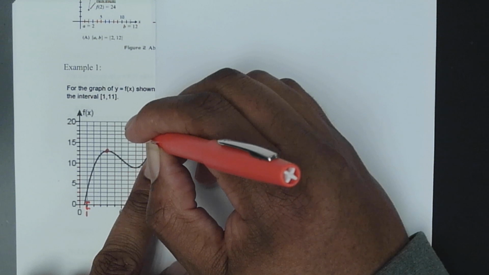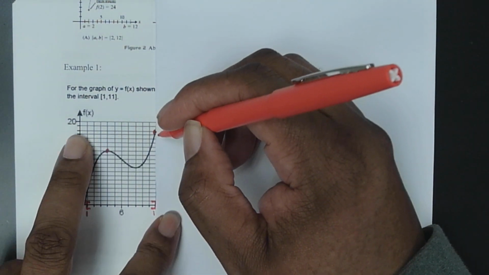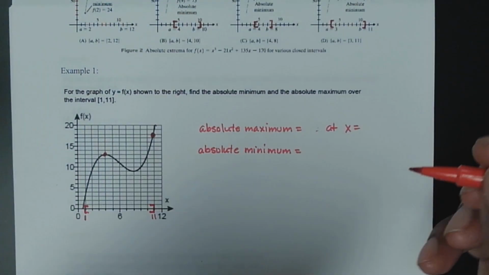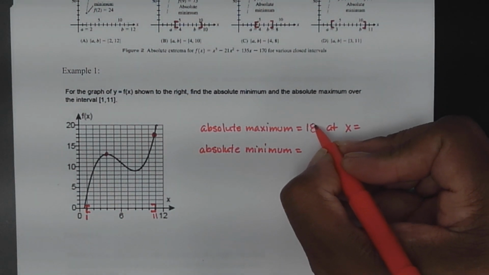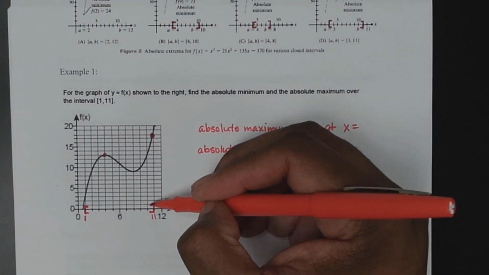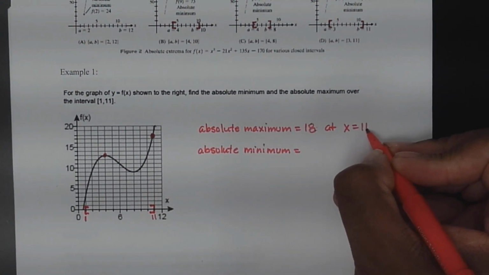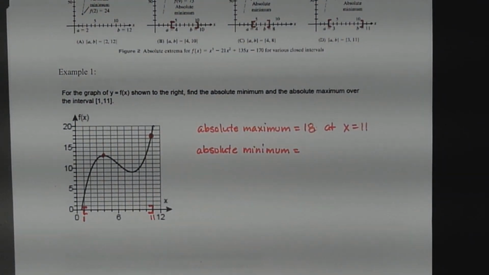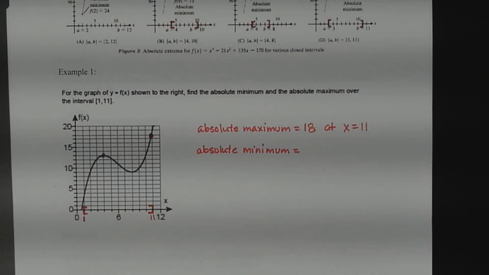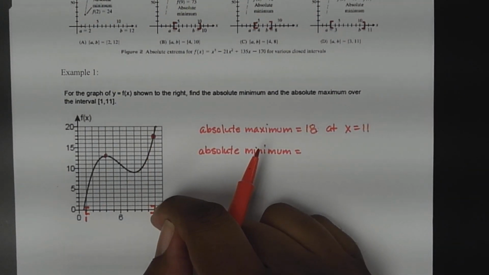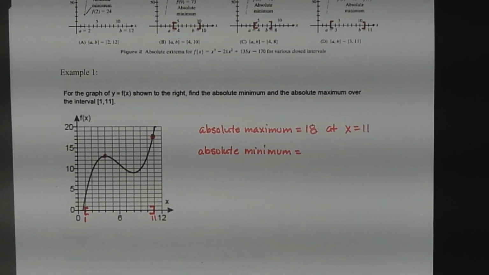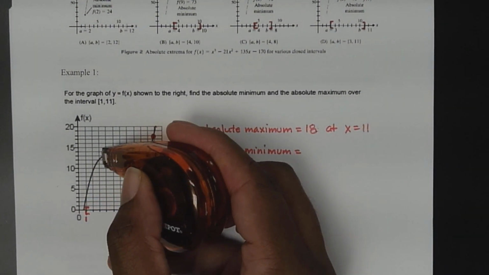So that highest y value will have to be 18. So the absolute maximum is 18, and it occurs at x equals 11. That's the mistake right there. So you have to look at the interval first to find your absolute maximum.